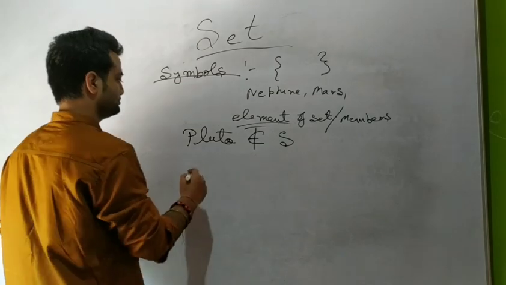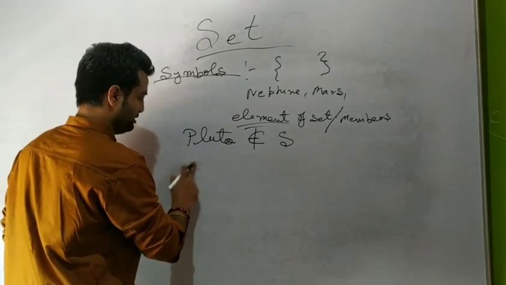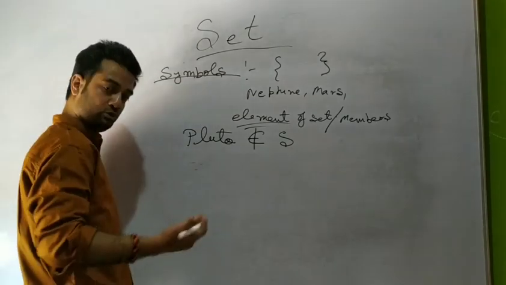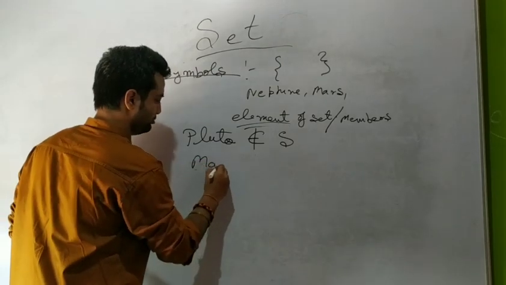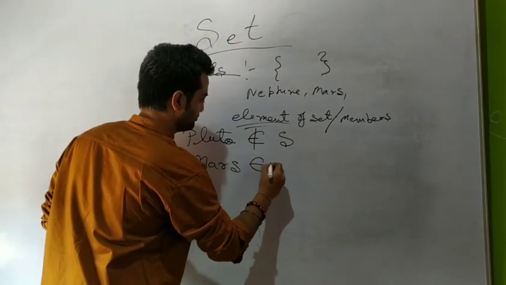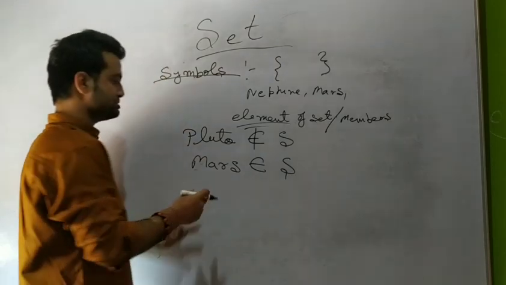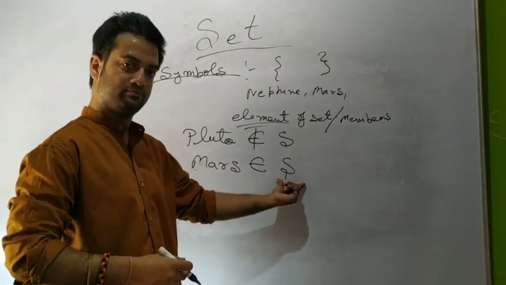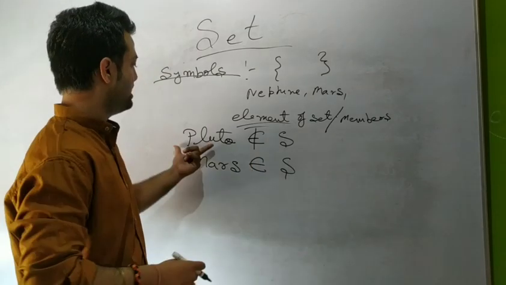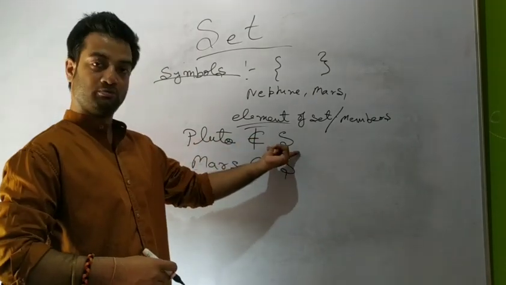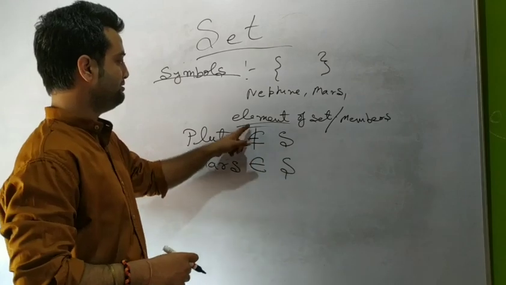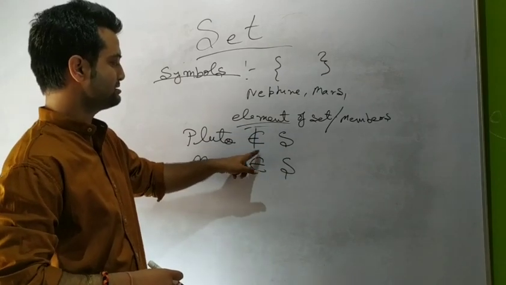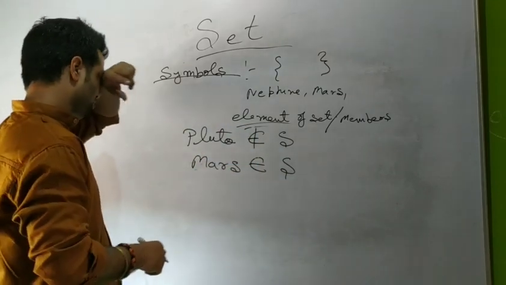And for included, if any element is included in the set, then we use this symbol. So Mars belongs to the set, so we use this symbol. And when any element does not belong to that well defined set, we use the symbol with a cross through it.